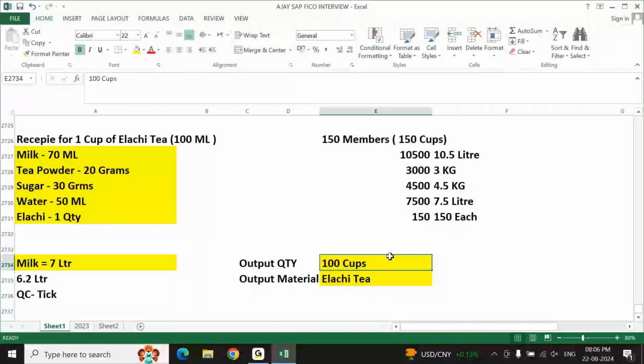Now, when you're actually manufacturing 100 cups of tea, will there be any wastage or no wastage? There will be some wastage. FIFO, LIFO comes under the PP module or the CO module? First in, first out.